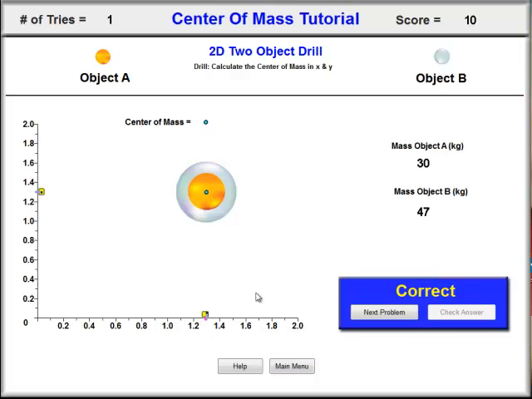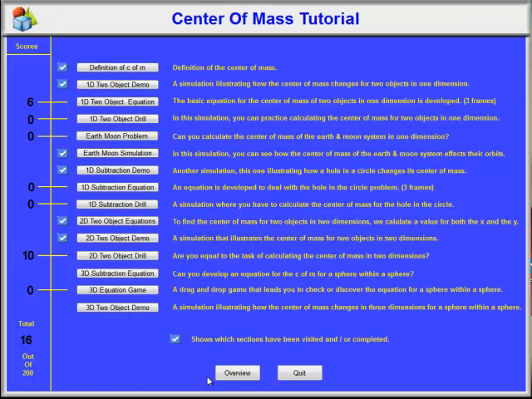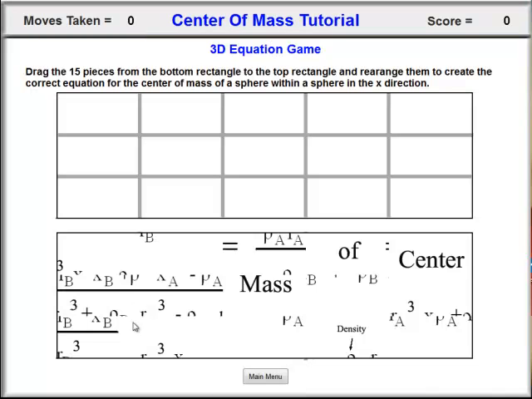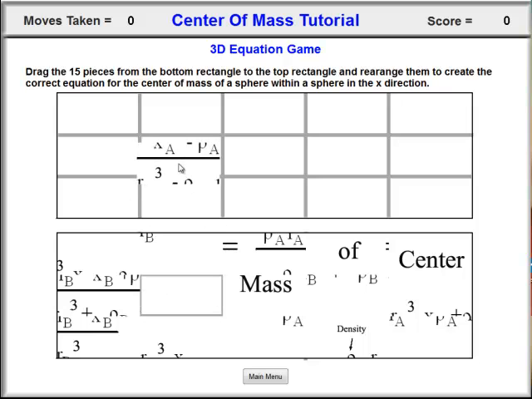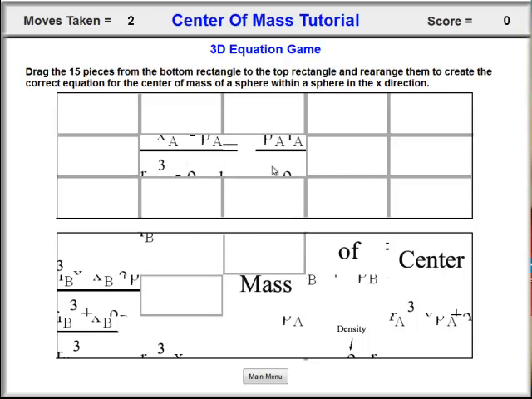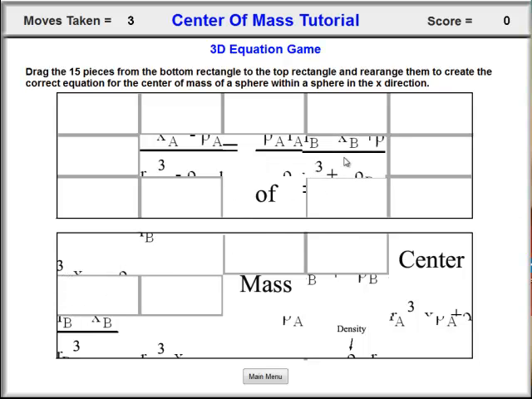That was kind of an easy example. Obviously, it's not going to be that easy every time. There's a 3D equation game where students have to solve the puzzle to figure out what the 3D equation is. Calculating it out is pretty complex.